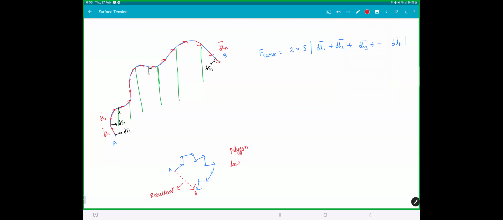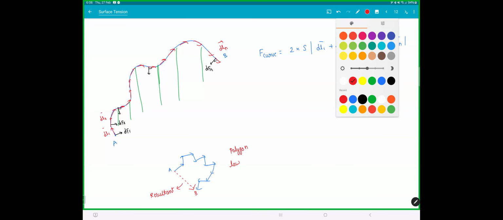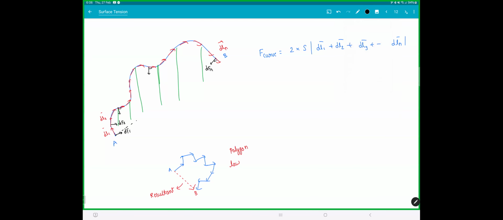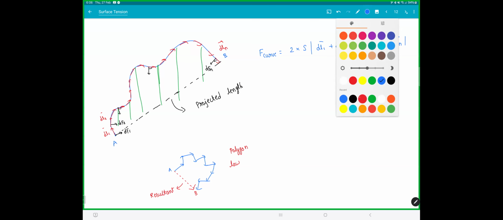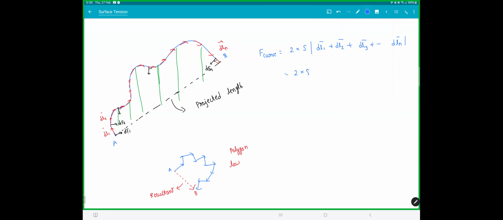This is the polygon law. So for all these vectors, if you join them from here to here, the resultant vector becomes AB bar. This would be your projected length. So this can be written as 2 into S into the magnitude of AB bar.